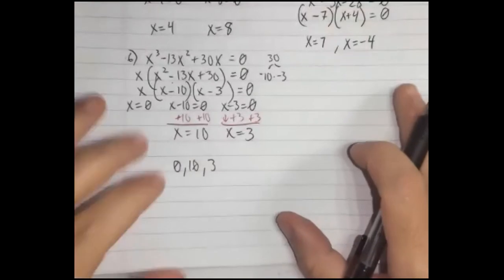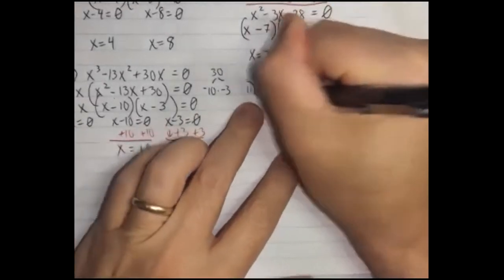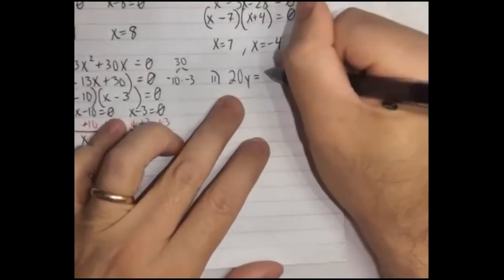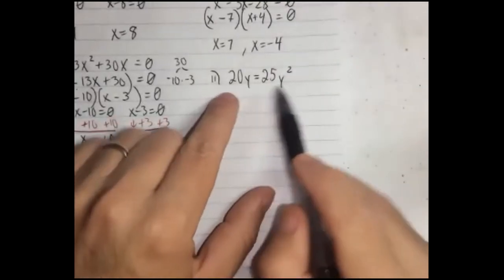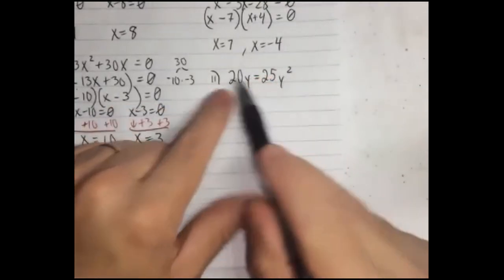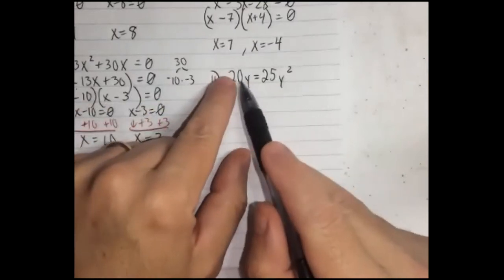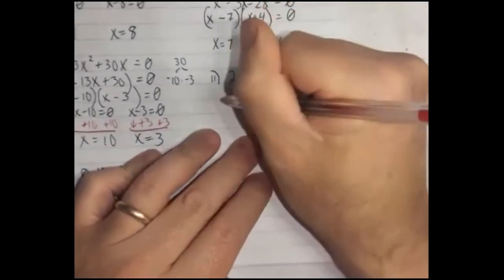Okay, let's look at 11. It's a little bit different. Remember what I said, we need to have 0 on, normally it's on the right side, but since I have y squared here, I'm going to actually have my 0 over on that side because I got to subtract the 20y from both sides.